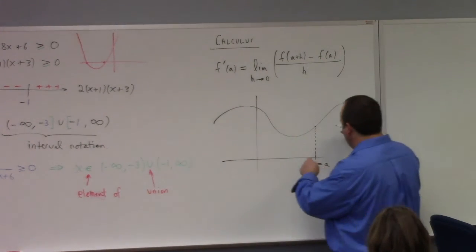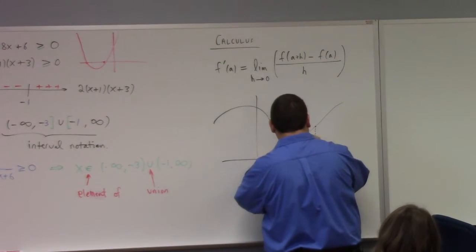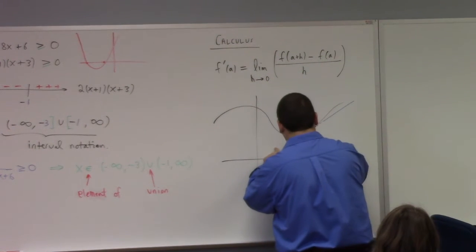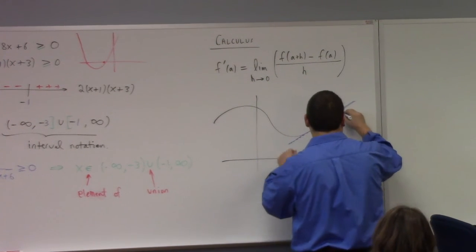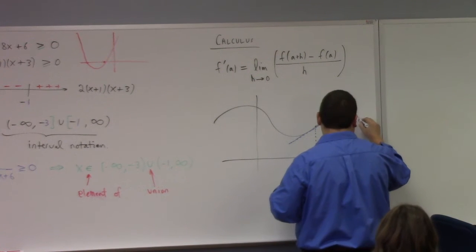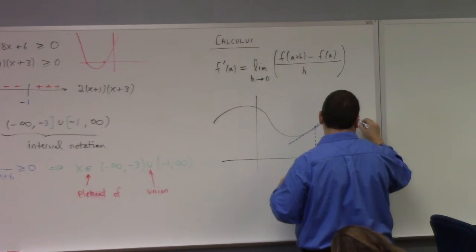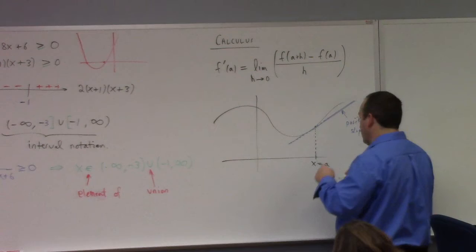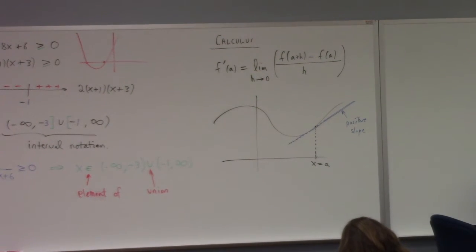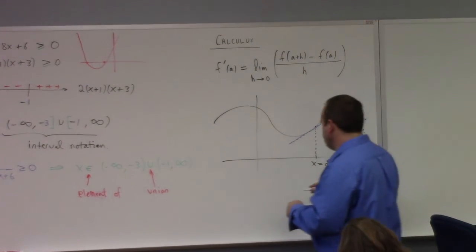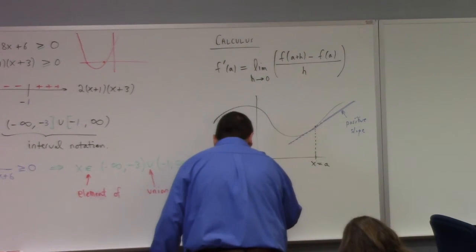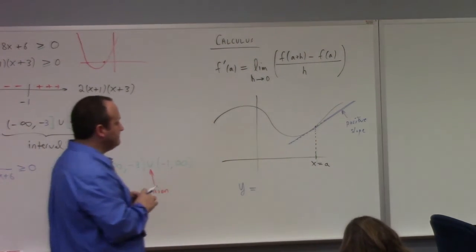What you mean by that is if I was to draw a tangent line here, this is a positive slope, right? What's the equation for that tangent line? What's the equation for the blue line?